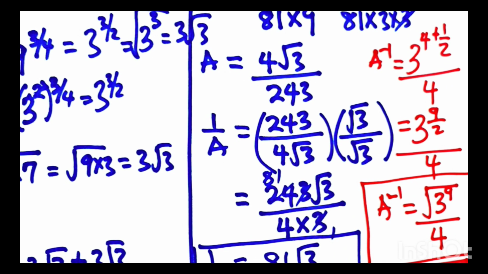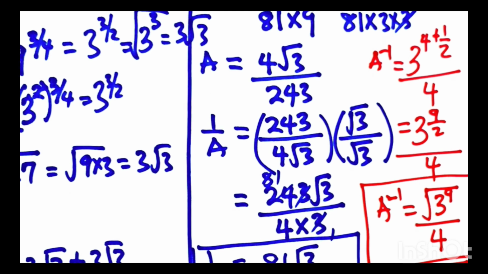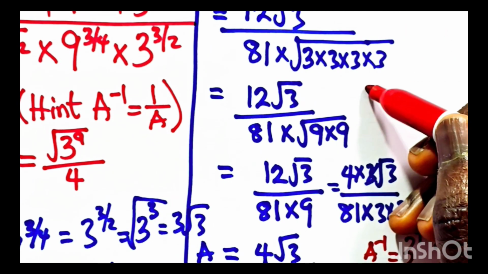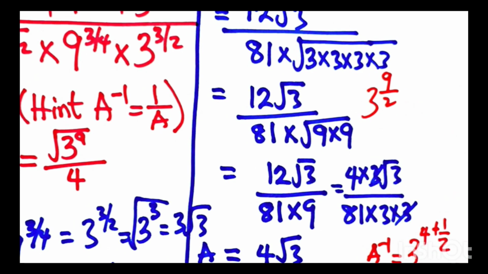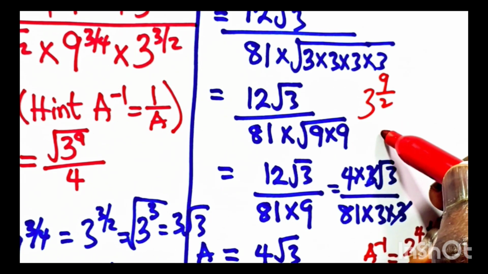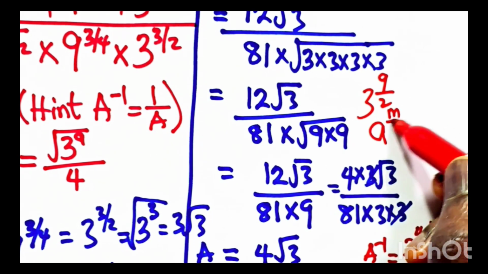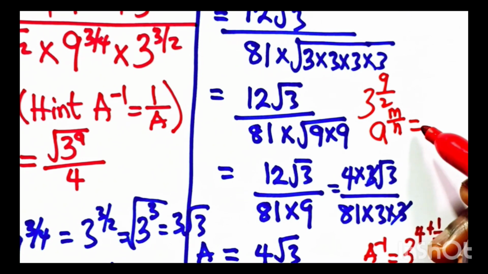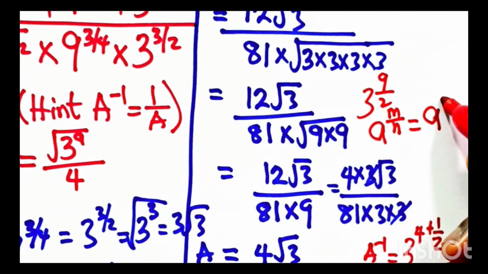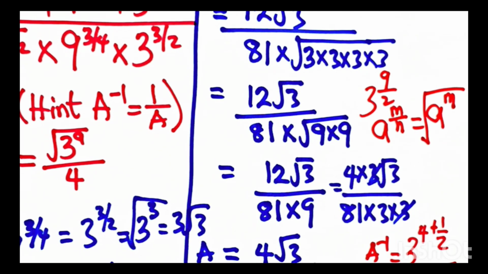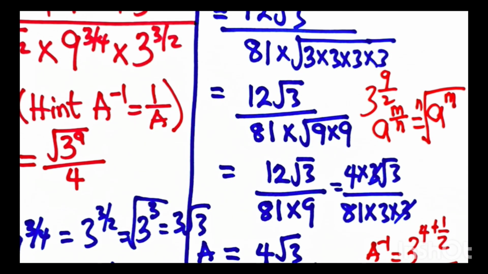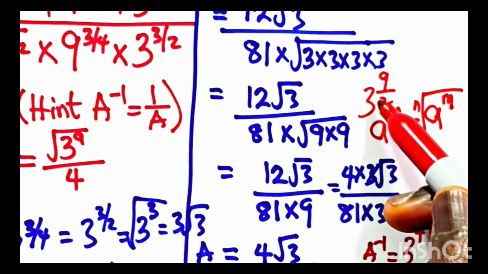But I will quickly want to say something about this 3 raised to the power 9 over 2. How do we come to that? If you look at the law of indices that says a raised to the power m over n will be the same thing as the nth root of a raised to the power m, the same thing applies in here.